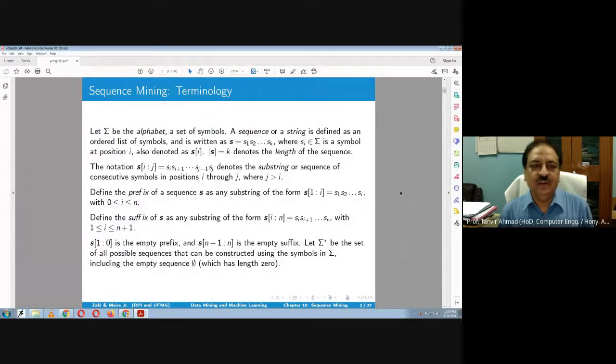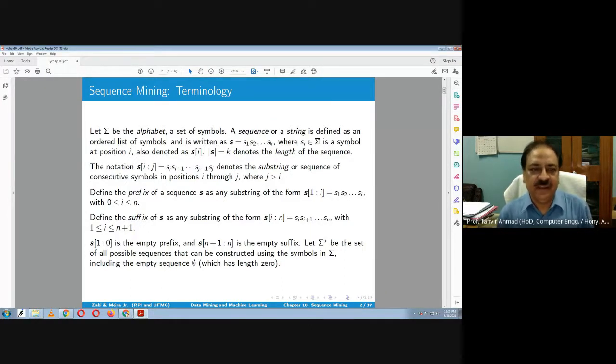As I told you before, in sequence mining, whenever you take some transactions or items, the sequence has to be maintained like this. So let us try to understand this.